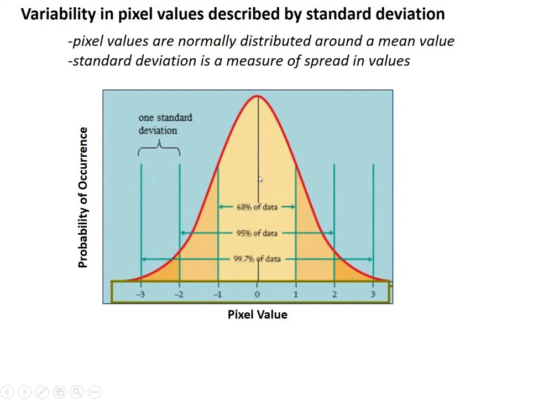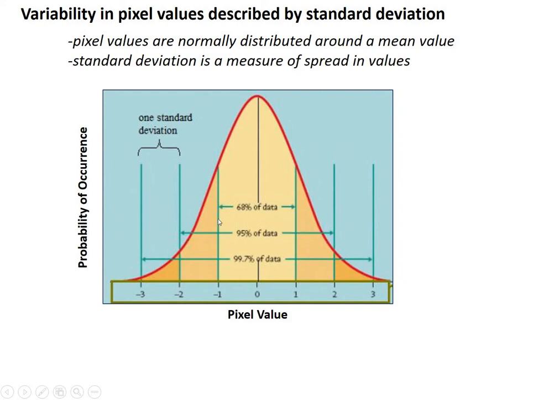So for example, the probability of drawing the mean is the highest, right? That's the one that occurs the most often, perhaps. The probability of drawing something out at -3 is much less, out at the tail of your distribution. So it's the shape of this kind of distribution that determines how tightly packed or how spread out your data is.